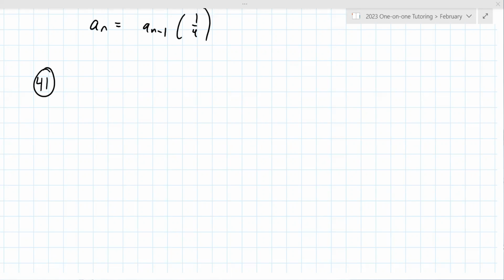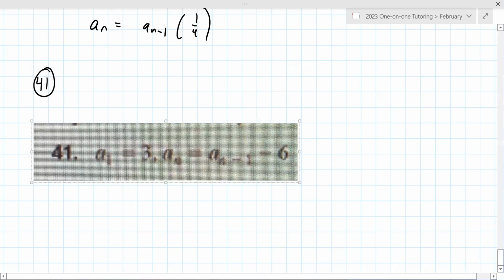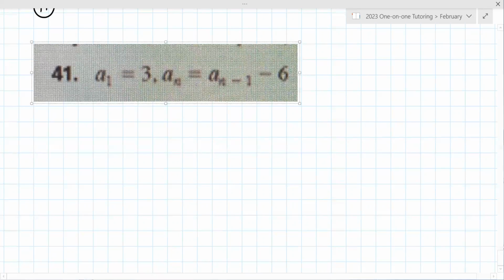All right, so this is good here. These won't take too long. We're gonna write out some more terms for this, just like we did in the previous problem. So the first term is 3.